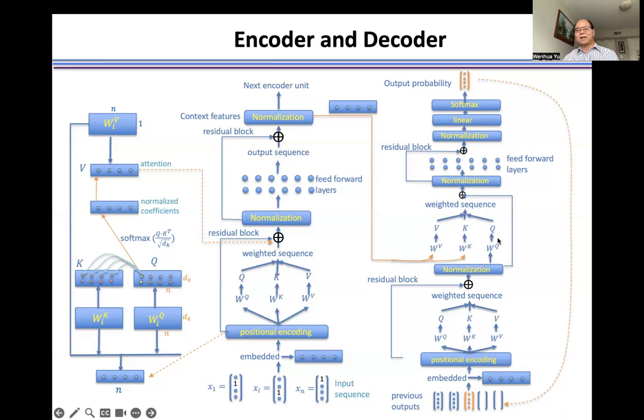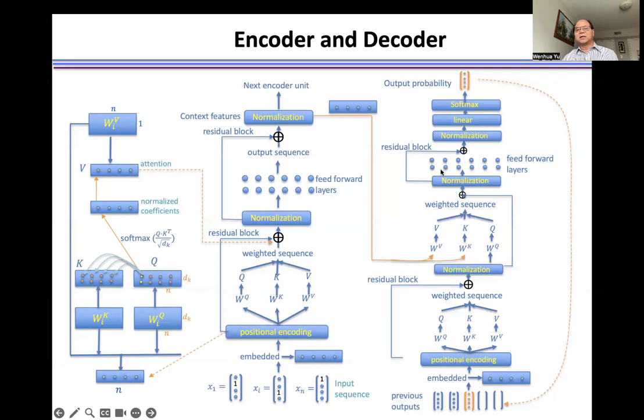And then we go through these 2 self-attention modules to generate features. After normalization, we use this as the input to the feed-forward layers, and through the residual block and normalization to the next decoder unit.